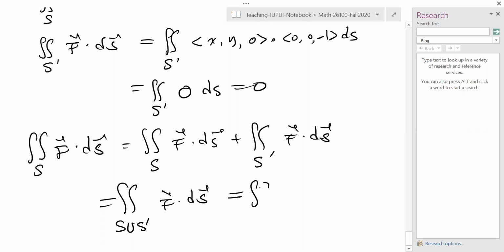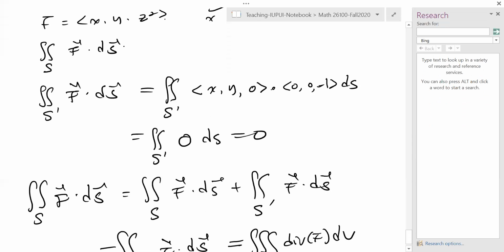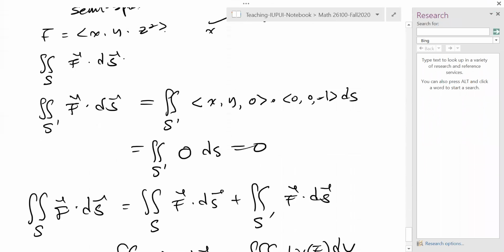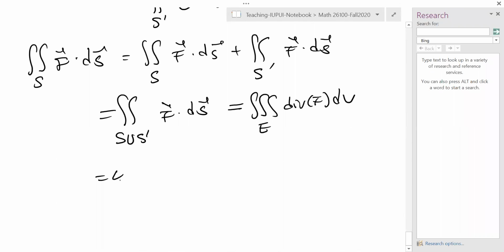Then you can apply the triple integral over E of the divergence of F dV. Then you get the above result. It's going to be 4 pi times (1/3 plus 1/8).